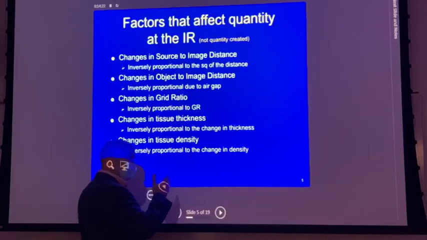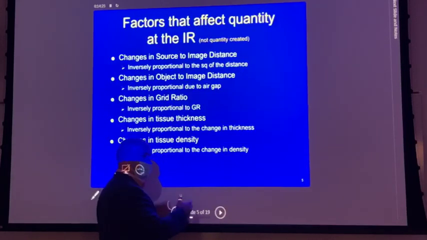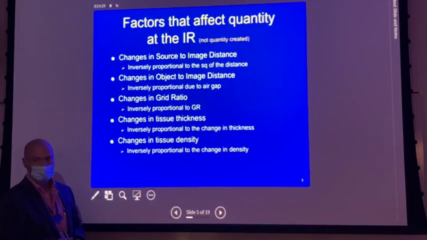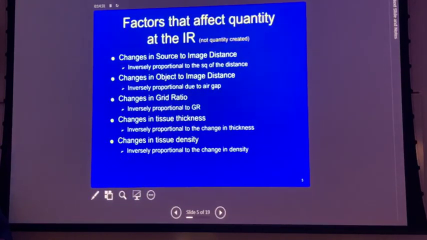So if that scatter misses the image receptor, then what happens to your numbers as they strike the image receptor? They decrease, right. Right, so your intensity at the image receptor decreases. Not really the intensity emitted or created, but the intensity at the image receptor decreases.